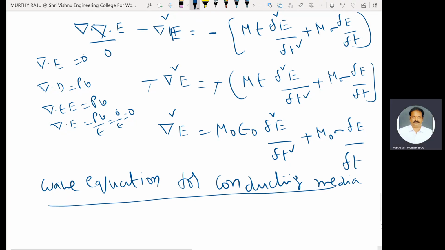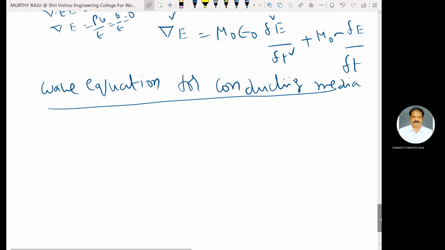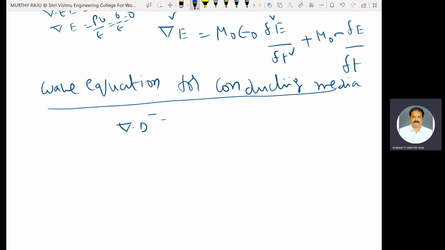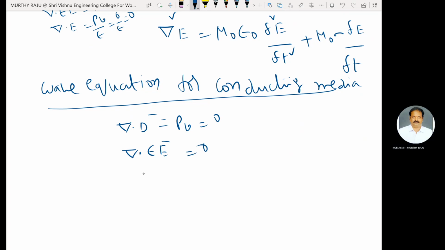For conducting media, del dot D bar is equal to rho v is equal to 0. Del dot epsilon E bar is equal to 0. Del dot E is equal to 0.